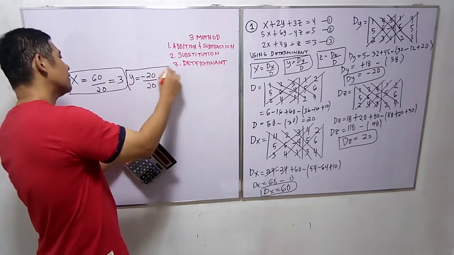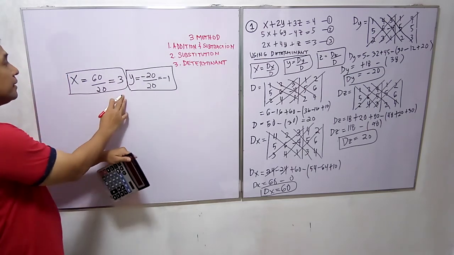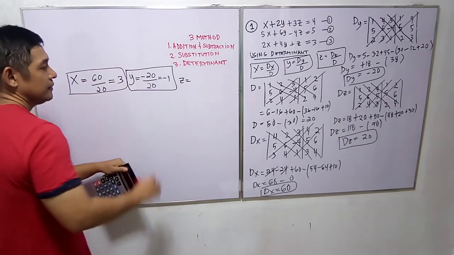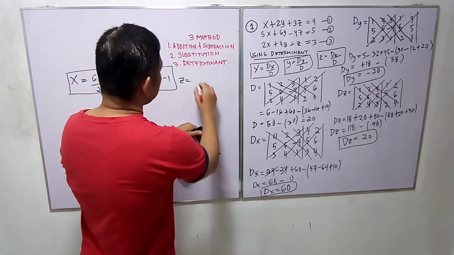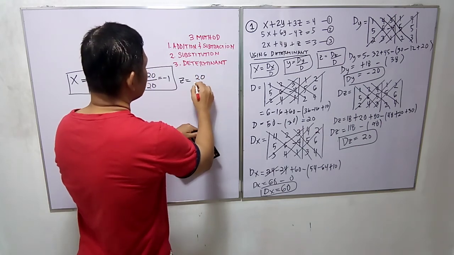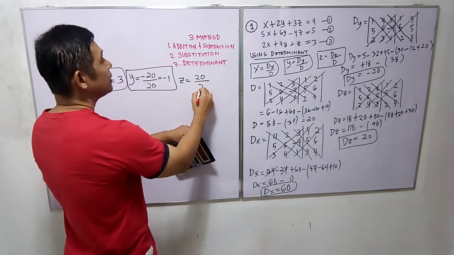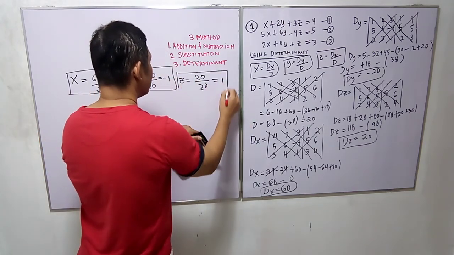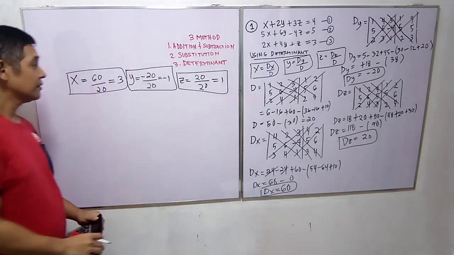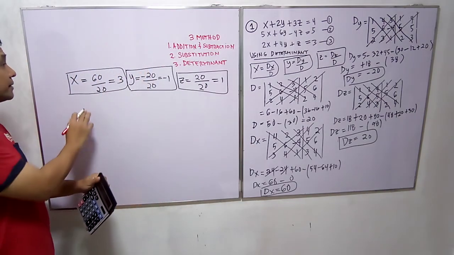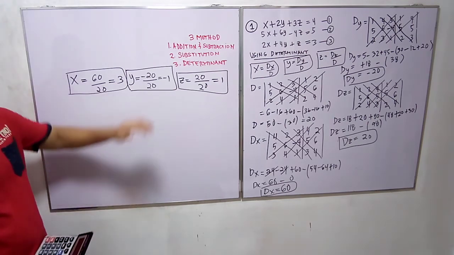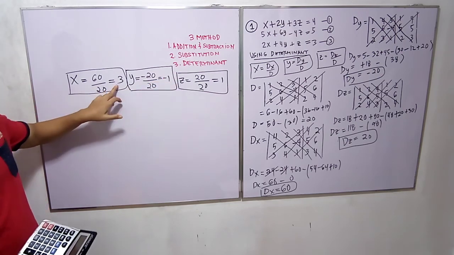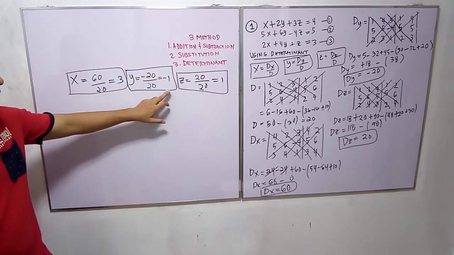Negative 1. And then X is 3, Y is negative 1, and z is equals to dz over d. dz is 20 over 20, kasi D is 20, equals to 1. So, kung ating mapapansin, parehas na parehas yung answer doon, nung saan ginamit natin yung addition and subtraction method. Kaya naman, ginamit na determinant, yung X is 3, Y is negative 1, and Z is equals to 1.